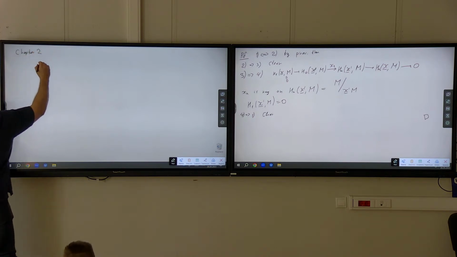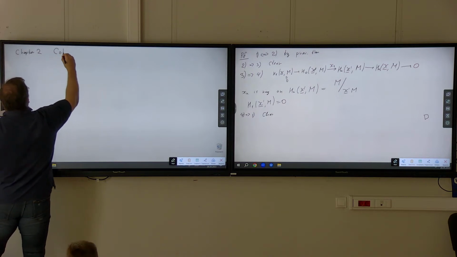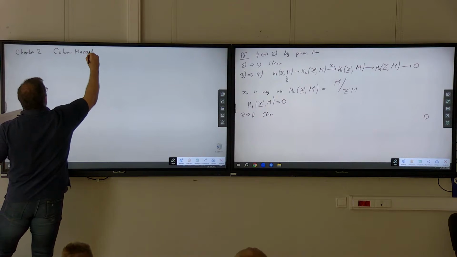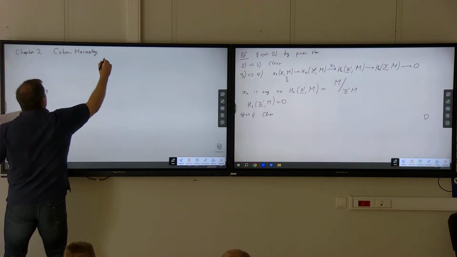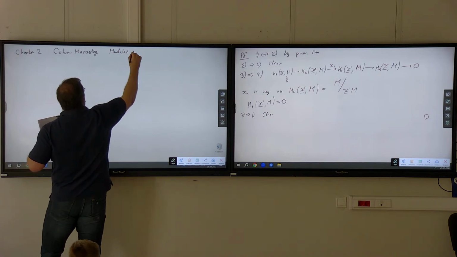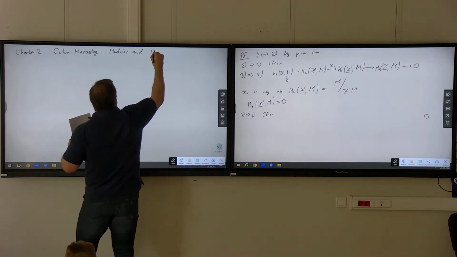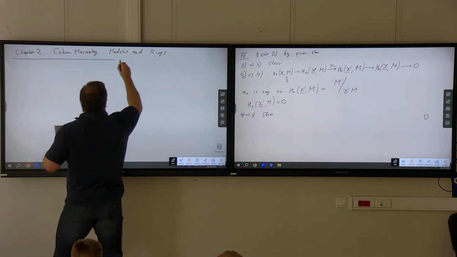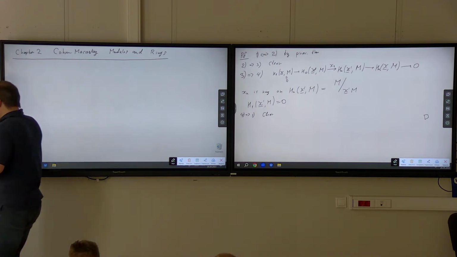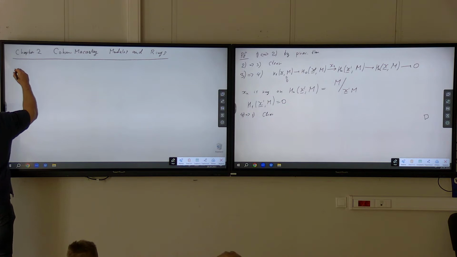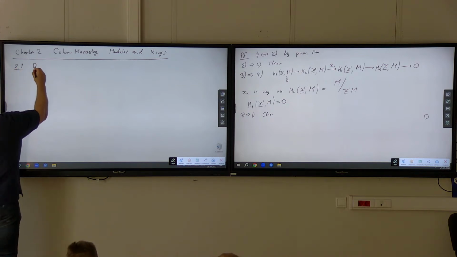So chapter 2: Cohen-Macaulay modules and rings. This is quite a short chapter actually, much shorter than the first chapter. So, first section, definitions and basic properties.